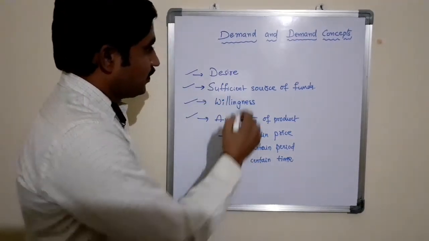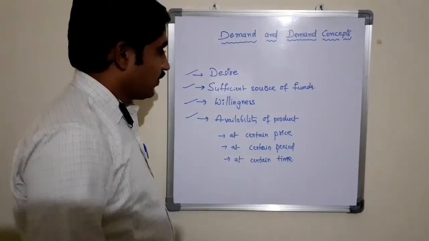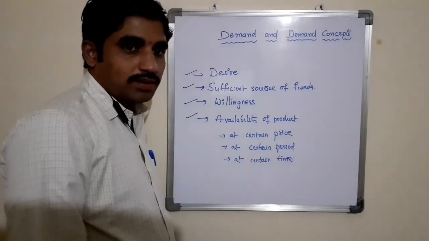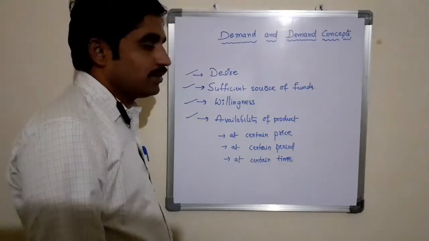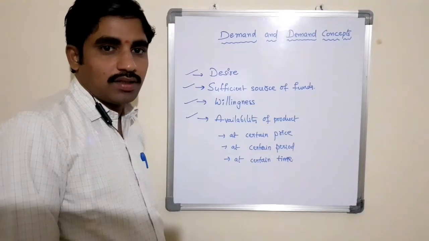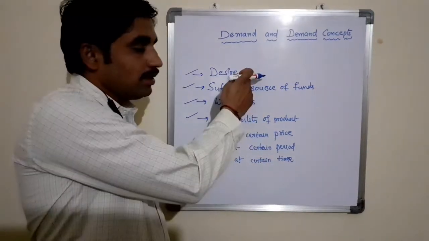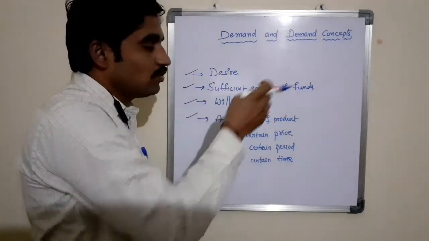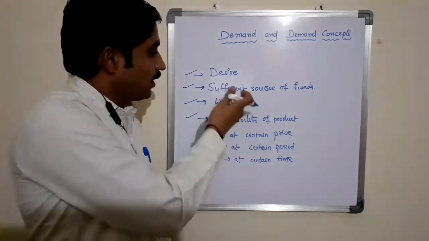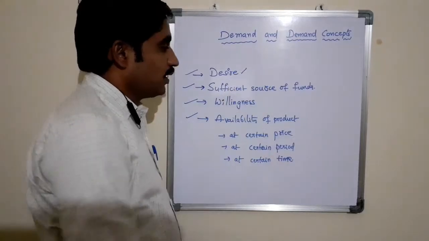When the product satisfies all these conditions, then we can say that there is a demand for the product from the particular customer or consumer. That is desire. We should desire to purchase that product, and desire is not enough.